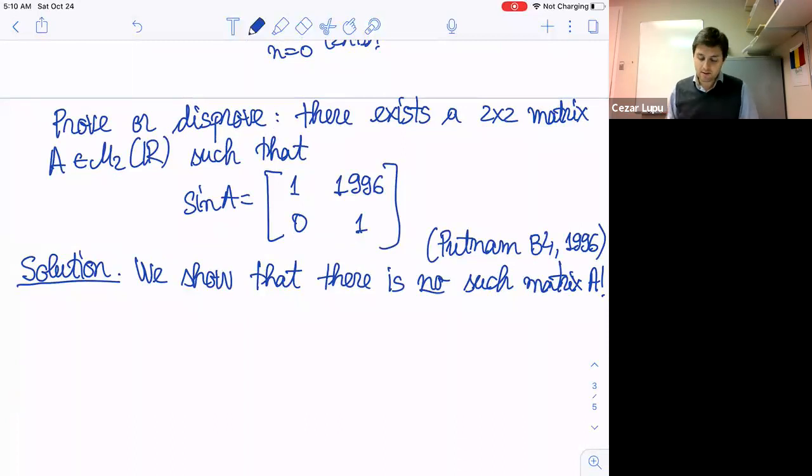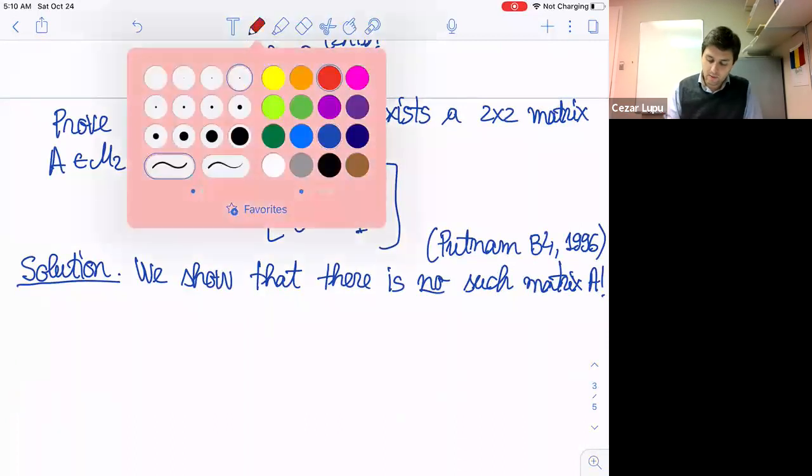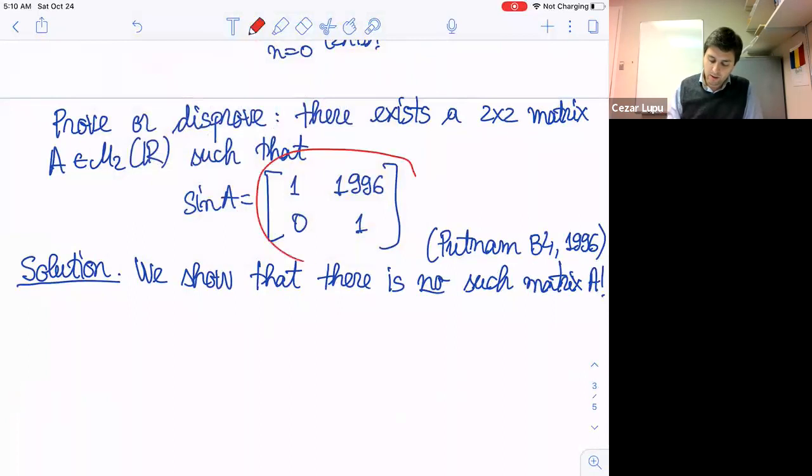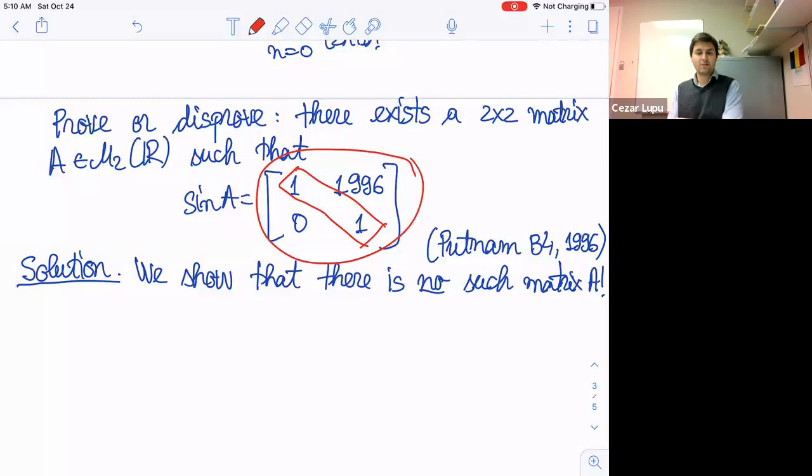As you can see, this matrix has these ones on the main diagonal, so maybe you can write it in terms of the identity. That could be something to look at.